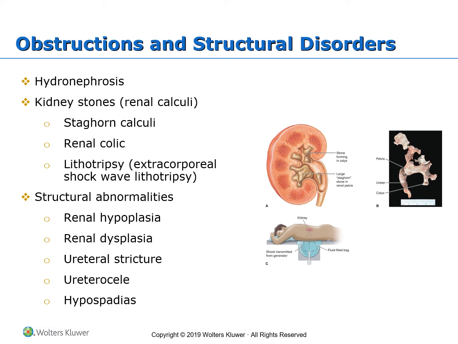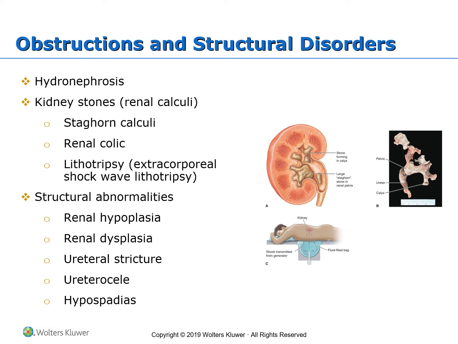The renal hypoplasia represents a kidney that is abnormally small. It is fully formed, however very, very small. It may maintain the function, however it may be limited in its ability to function because it's smaller than expected.